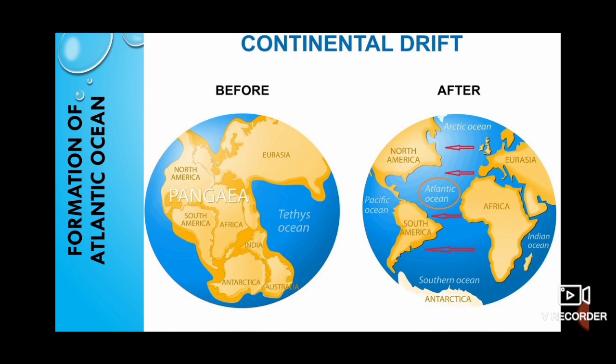Pangaea was surrounded by a world ocean termed Panthalassa, which is the present day Pacific Ocean. In the Upper Triassic period, Pangaea started breaking up, and North America and South America started drifting towards the west from Europe and Africa, and the Atlantic Ocean was formed in between.